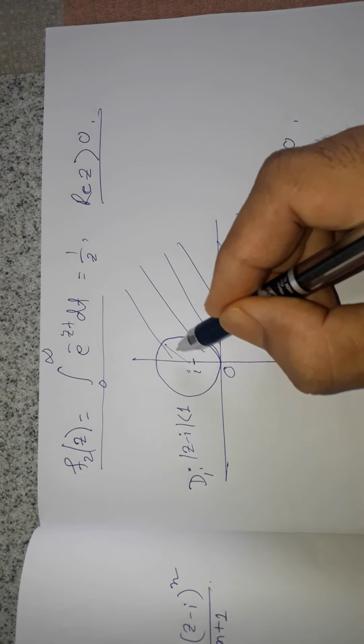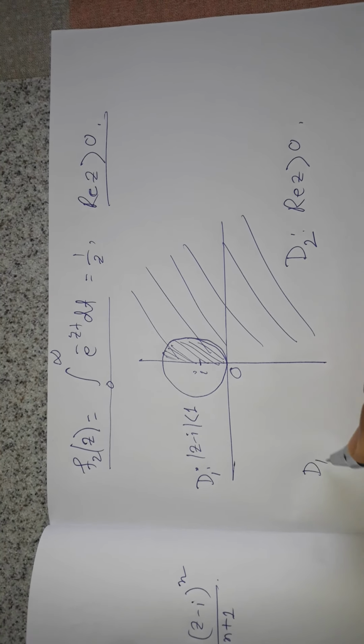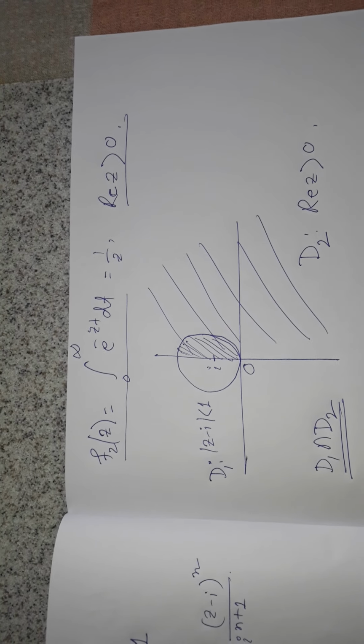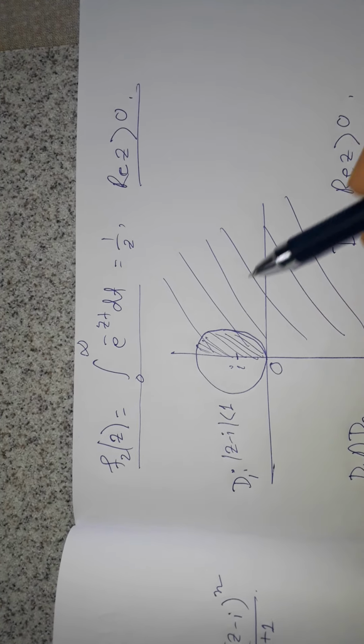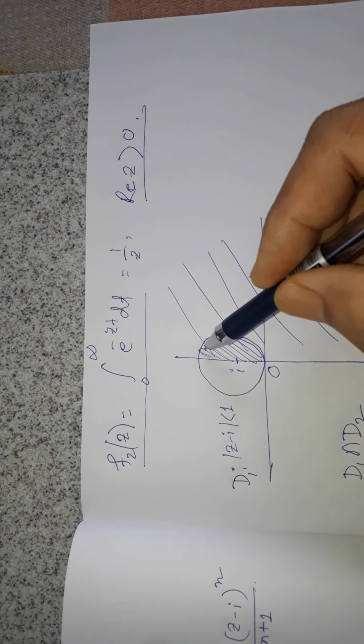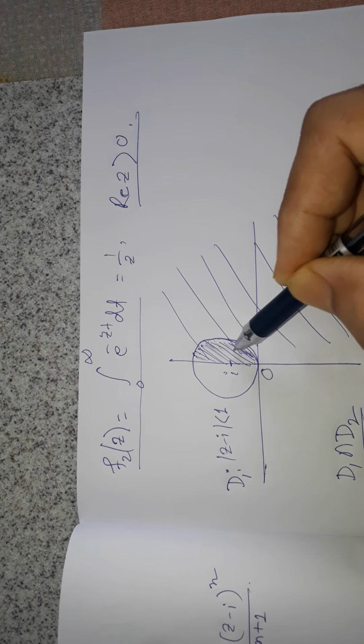You see that in the common region, the intersection of D1 and D2, both functions are the same, because the other function is 1 over z and here also it is 1 over z. So in this common region it is the same.